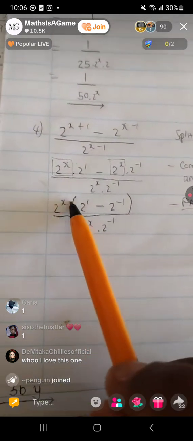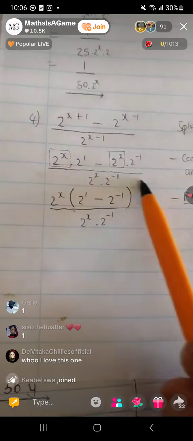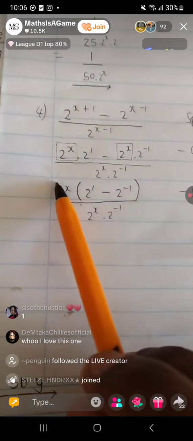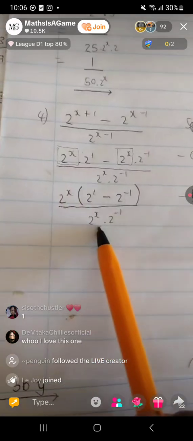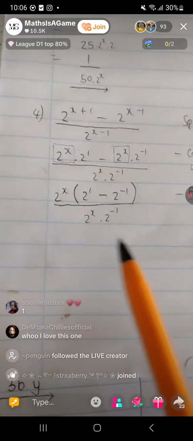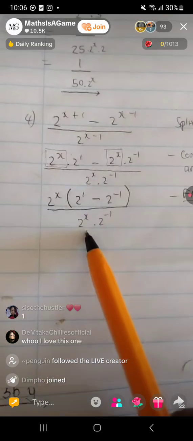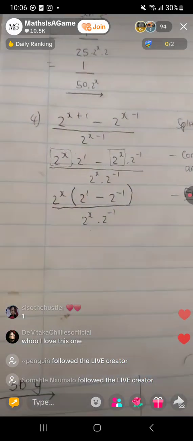So the relationship that exists now is 2 to the power x is multiplied to all of this. Multiply relationship restored. In the denominator, multiply relationship restored, which means law number 1 and 2 can be applied for what is external or what is common.